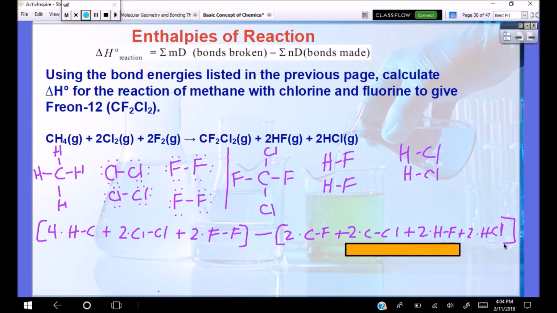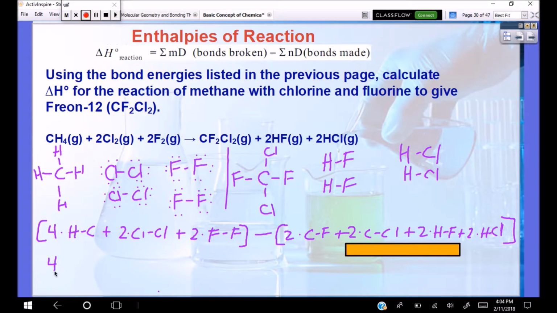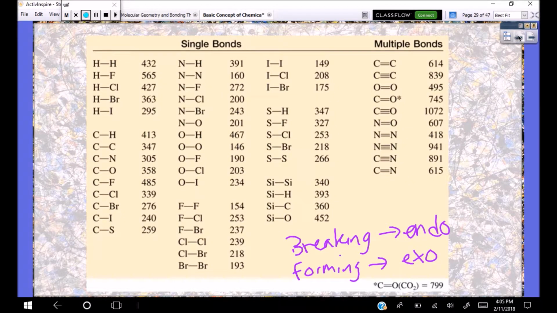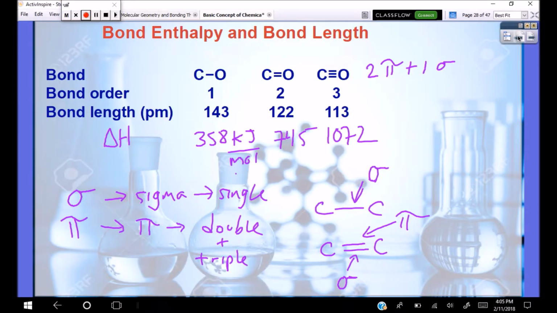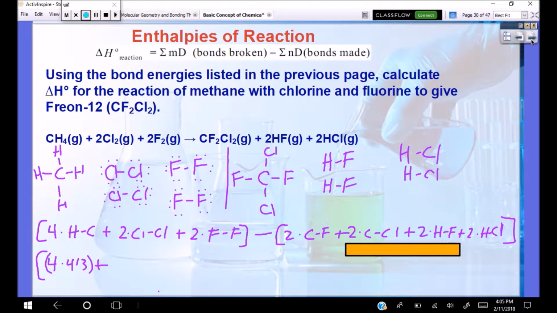So when I put all those numbers together, I've got 4 times CH, so I've got 4 times 413. I've got 2 times Cl-Cl, which is here. It's 239. 2 times 239 plus 2 times fluorine. Fluorine is 154.